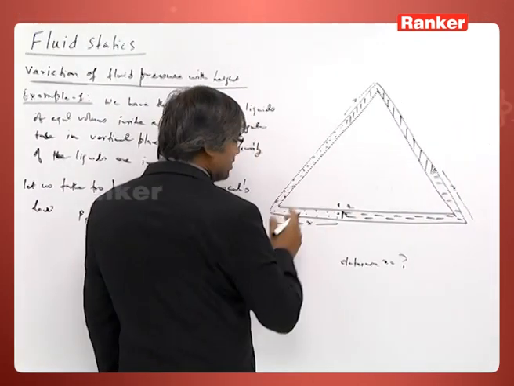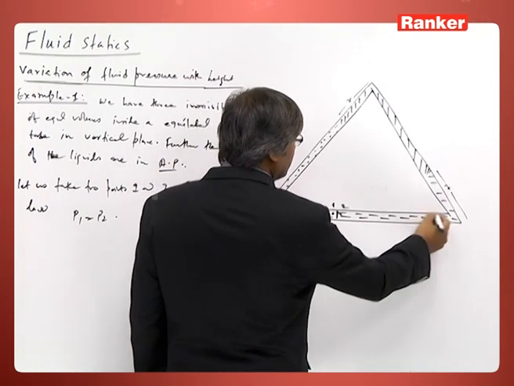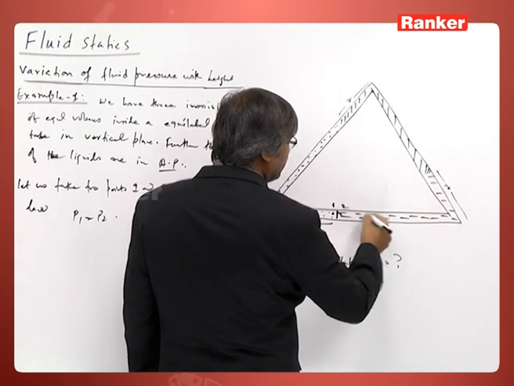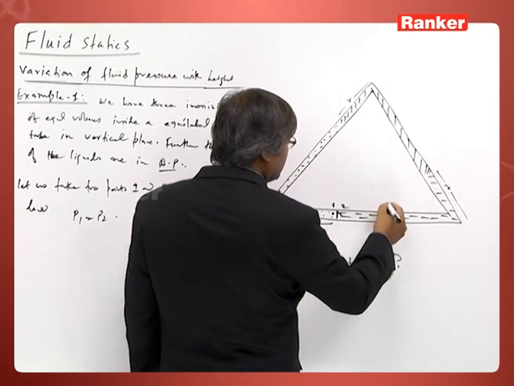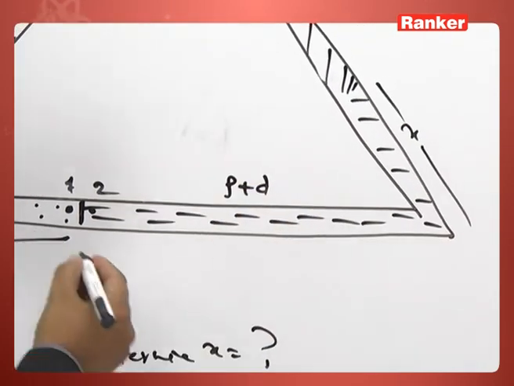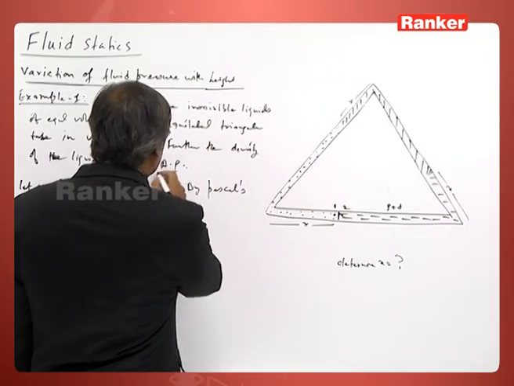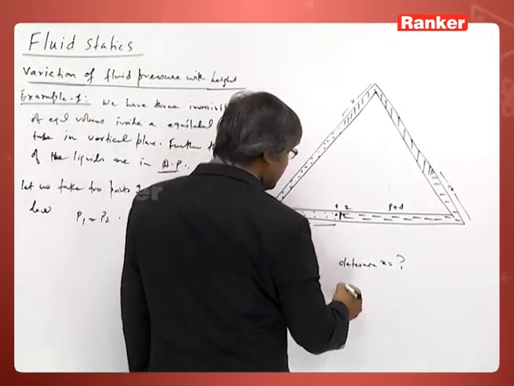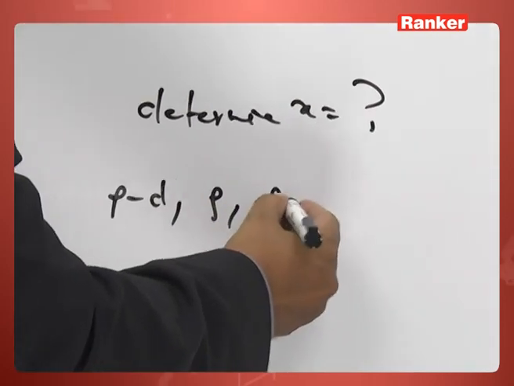So, now let us first see the liquid. Suppose the liquid densities are in arithmetic progression. So, the densities be suppose rho minus d, rho and rho plus d.